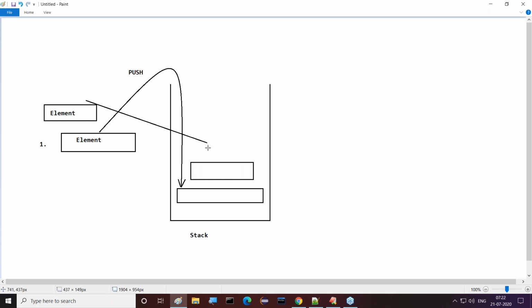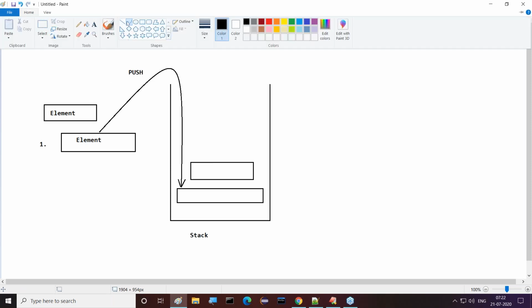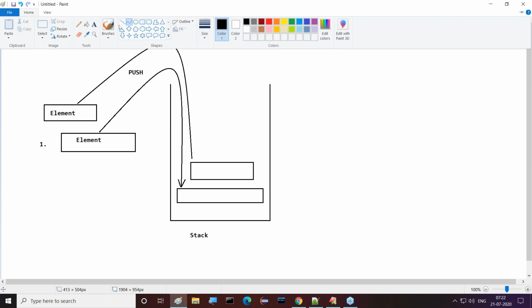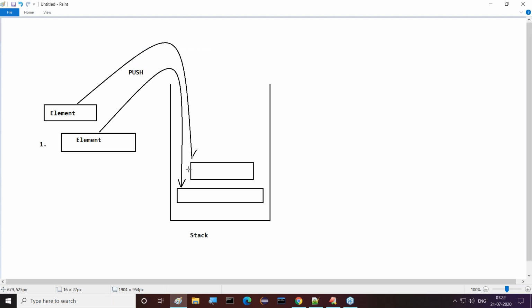So the second element also we push into the stack like this. Like this, I'm going to insert a third element also. For example, this is the third element.